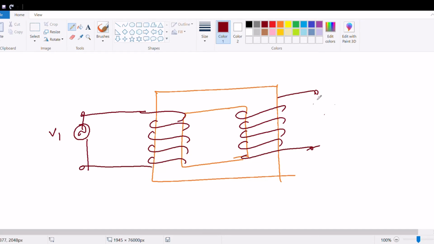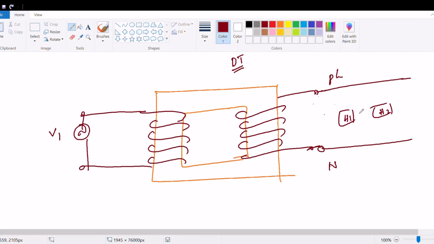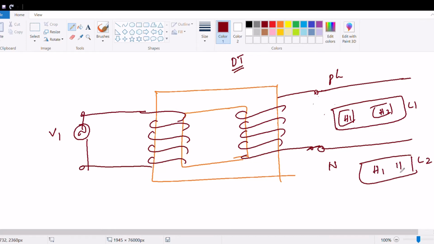Normally, let us talk about the distribution transformer and its output terminals. Generally, we see distribution transformers near our homes, and it has terminals like this. This is called phase, and this is called neutral. Suppose we have houses like this: house 1, house 2 in lane 1, and lane 2 with house 1, house 2.